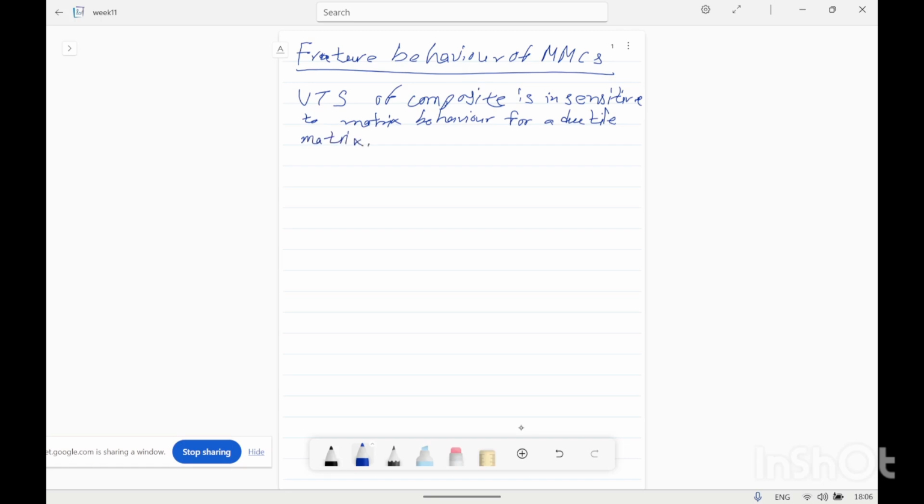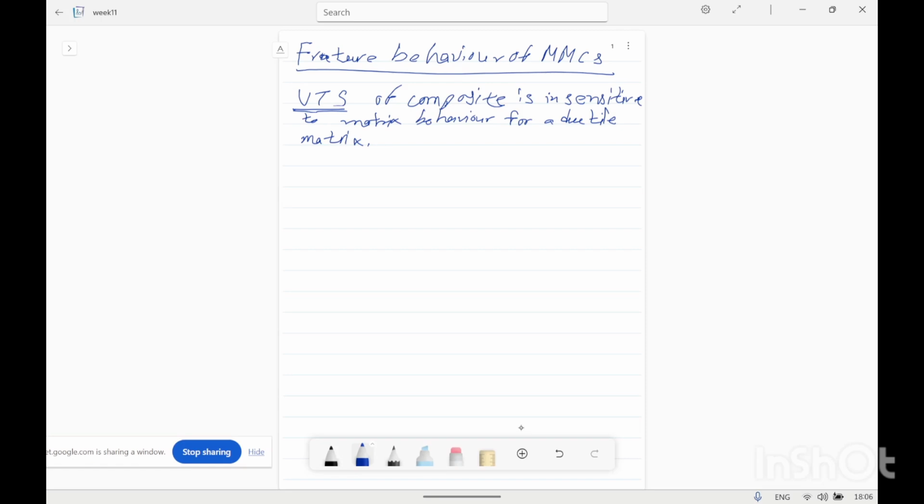But for the brittle matrix, the ultimate tensile strength just depends on the ultimate tensile strength of the reinforcement.